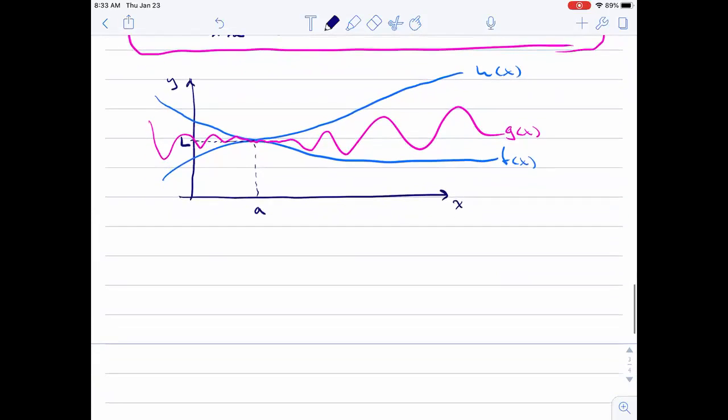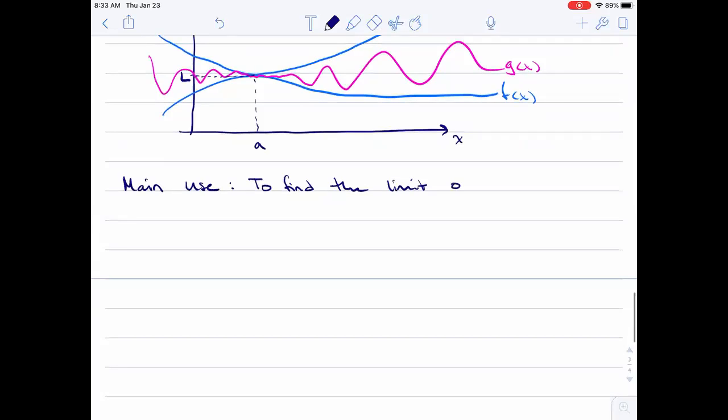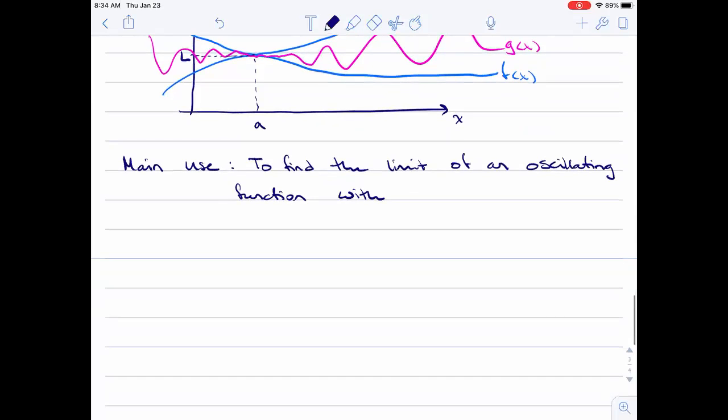Okay. I'll summarize this. The main use is to find the limit of an oscillating function with upper and lower bounds.